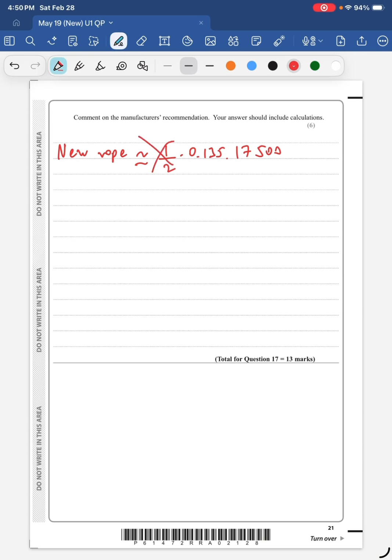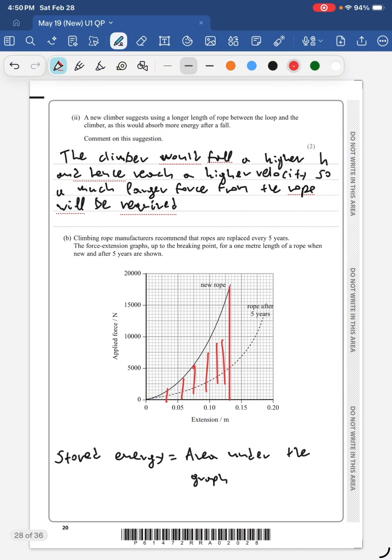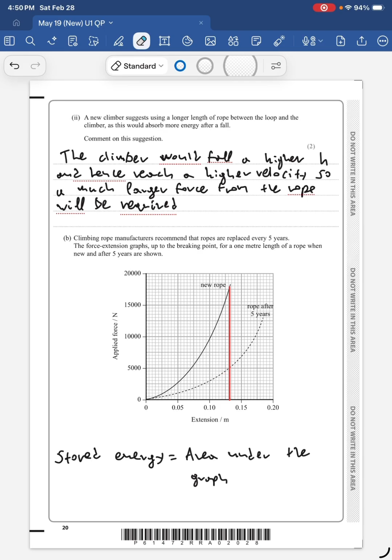No, this is not going to work. You can approximate it as a triangle, but it's more appropriate to count squares. So count these small squares. This square over here.